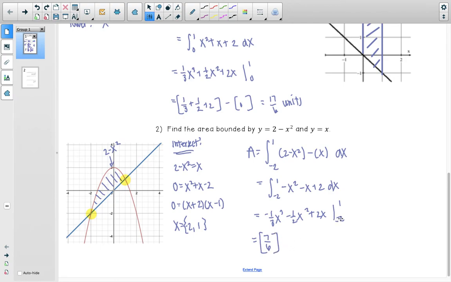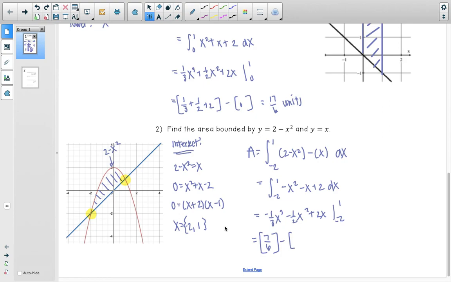So if you have 1/3 times -2 cubed, which is 8, minus 1/2 times -2 squared, which is 4, so it's just 2, so it's -2, and then minus 4 is... did I type that in wrong?